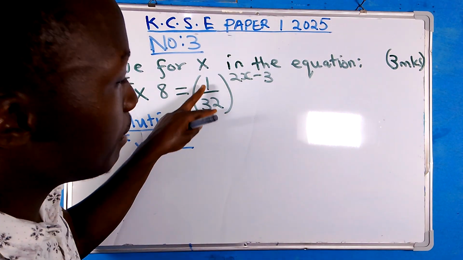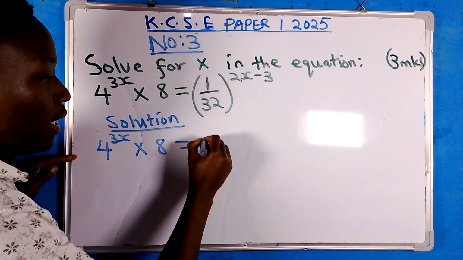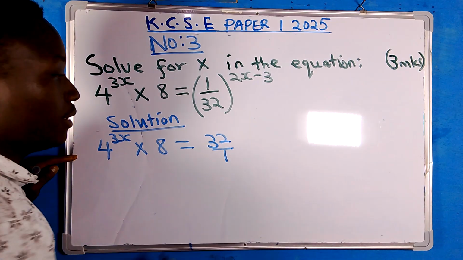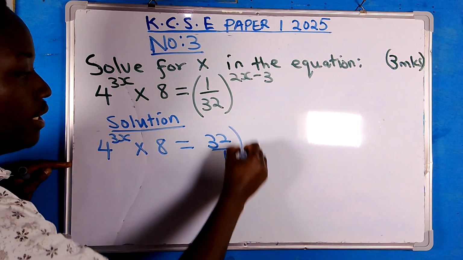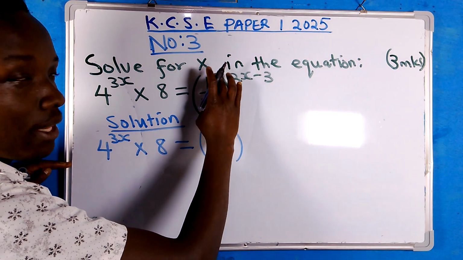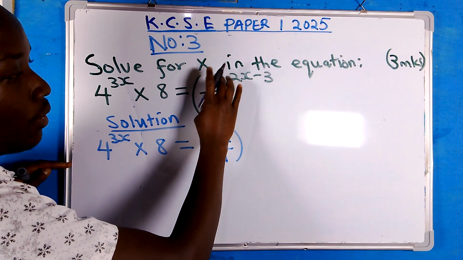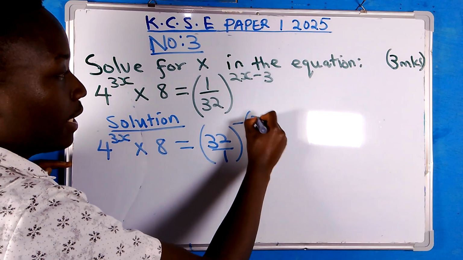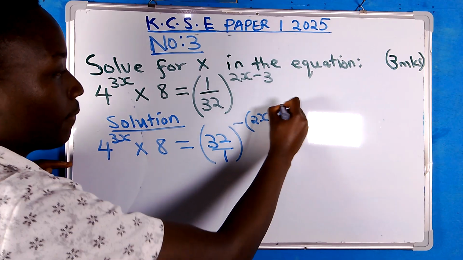We can take the reciprocal of 1 over 32 and have 32 over 1 raised to power. When we take the reciprocal of the base, we will take the power as negative. So it will be negative 2x minus 3.